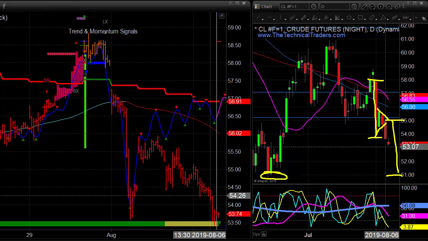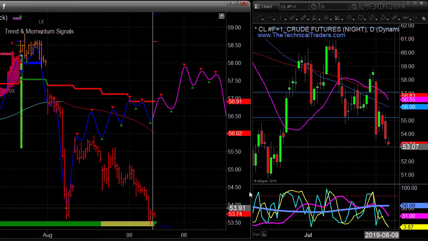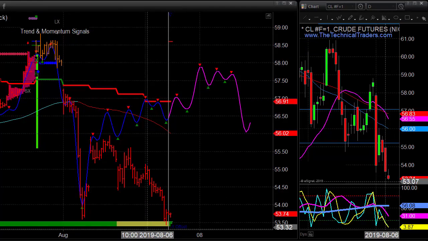And if we look at the cycle analysis, you can get a feel for the cycle skew here. Let's just move this over a bit. If we look at the cycles, you can see that bars are red, which means the trend is down. And so you'd be looking to short cycle tops in the market. So when the cycle is moving down, you can see how quick price moved with the cycle.